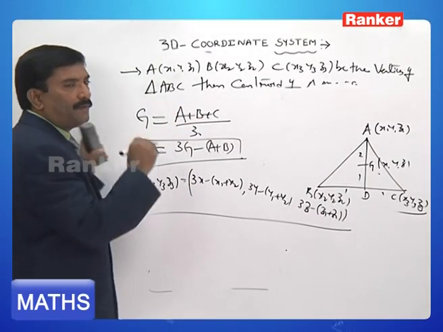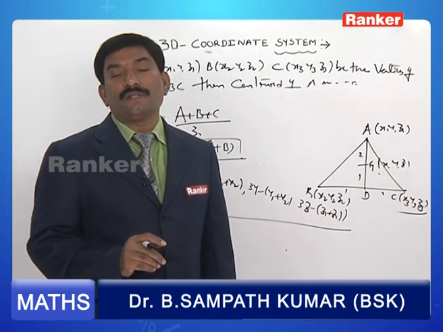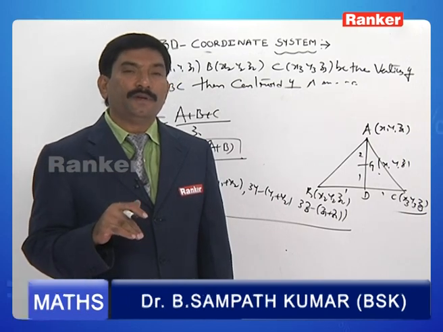This is how you can find out, when the centroid is given and 2 other vertices are given, the coordinates of the third vertex.